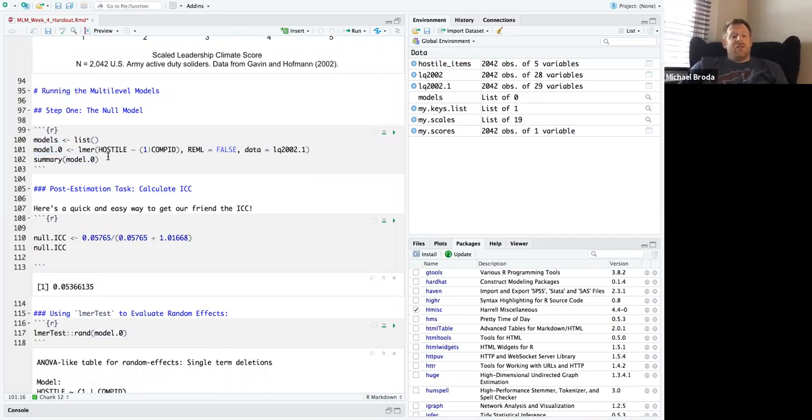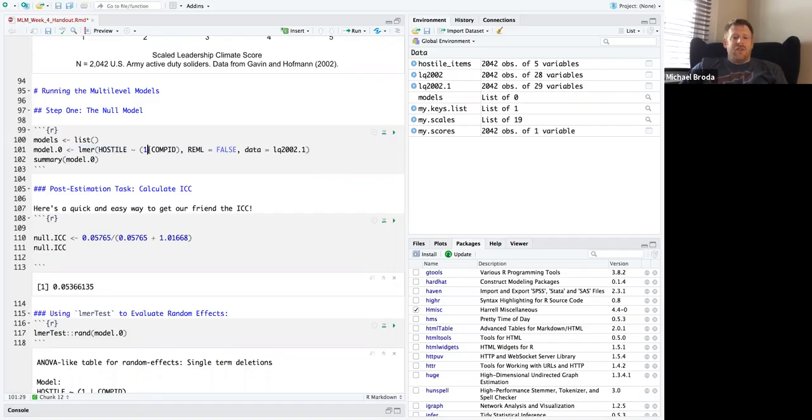And that is going to be defined as an lmer model, linear mixed effect regression. Hostile is my outcome. The tilde is sort of the equal sign, right? It's the other side of the equation. And then the only predictor I have is my clustering variable, which is company ID. So this is the syntax for defining that.